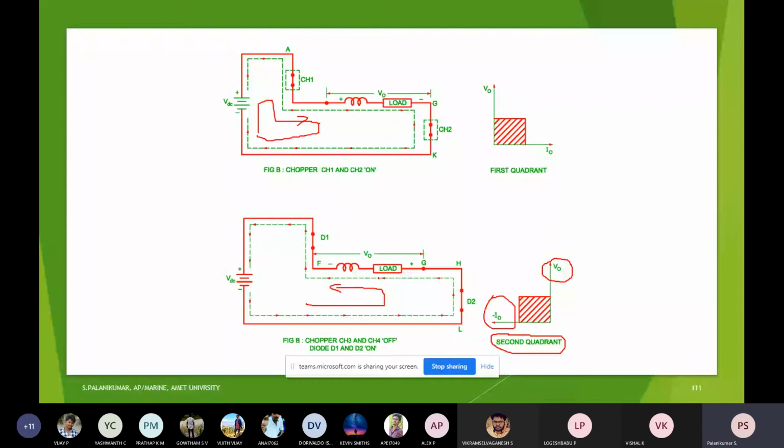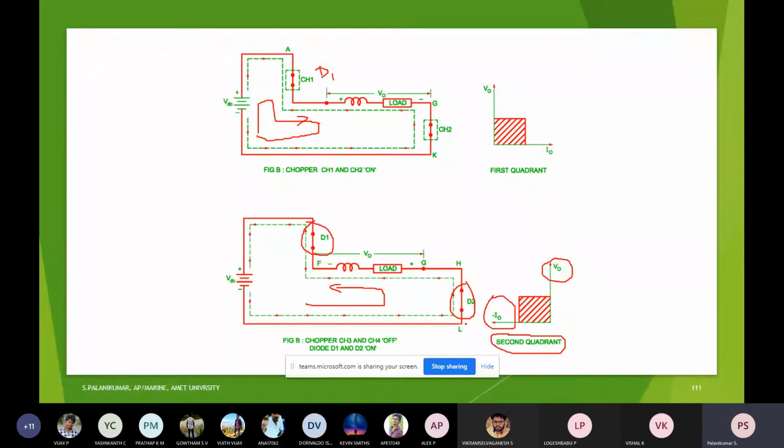So if you see, both D1 and D2 are on. Whether CH1 and CH2 are on, it facilitates the first quadrant. When CH1 is off and D1 is present, that is also the first quadrant.